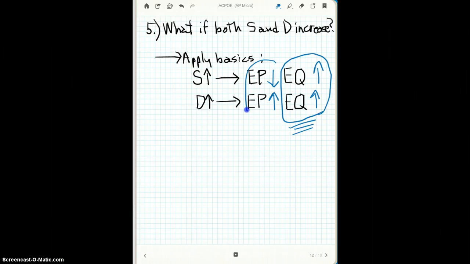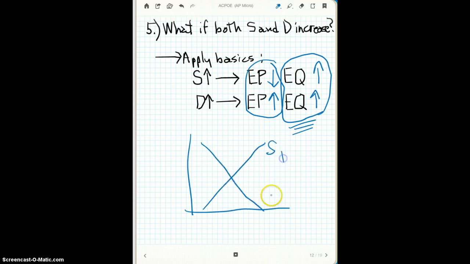But we're not sure about price because look, an increase in supply decreases equilibrium price, but an increase in demand will increase it. So that we say is indeterminate. We're not sure. And we could sketch that out too, just to show. Supply 1, demand 1, quantity, price.